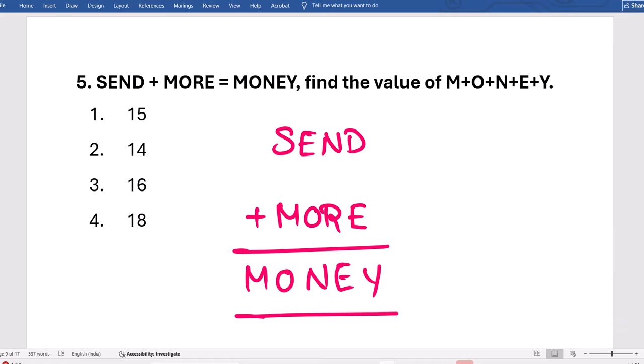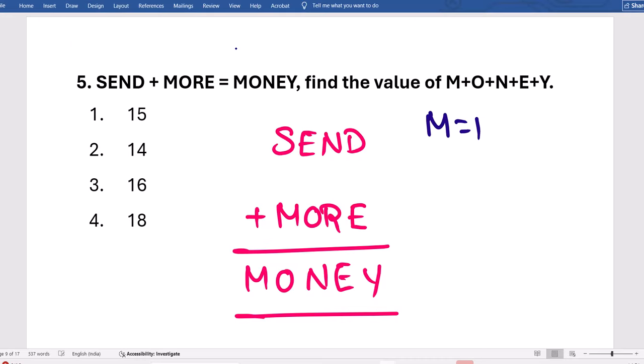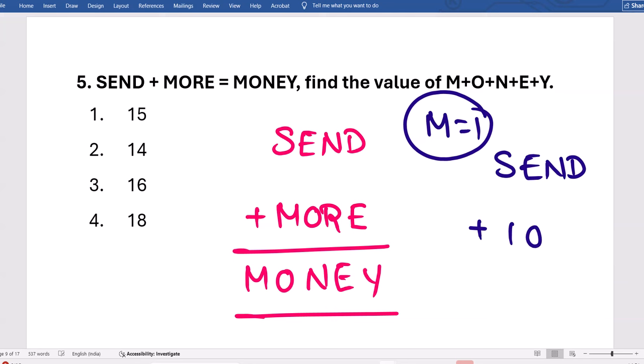I cannot decide O value also. M must be 1, I cannot say about O. It can be 9 plus 8, 17, 9 plus 6, 15. O can be 5, 7, different things possible. So I cannot comment. The only thing we can get from this information is that M value must be 1. When M value is 1, so SEND plus 1ORE.